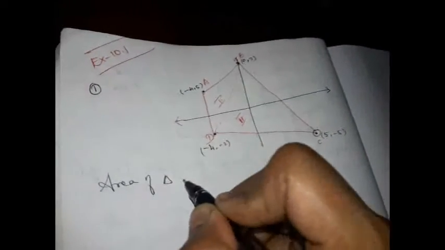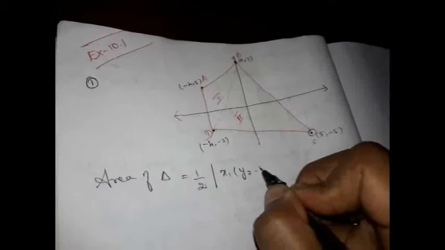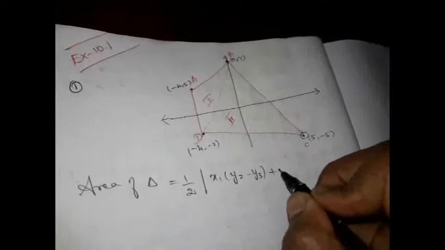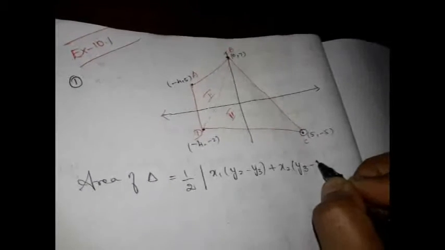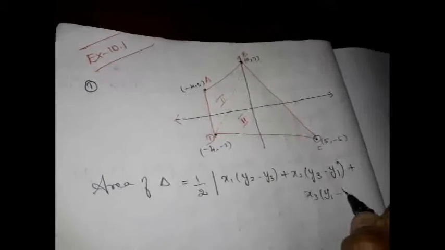Area of triangle is equal to half into modulus of x1 into y2 minus y3 plus x2 into y3 minus y1 plus x3 into y1 minus y2. Alright, this is the formula I told you.